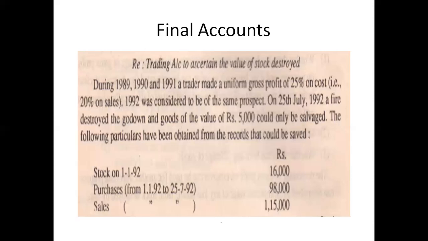Now the opening stock for this particular problem was 16,000. Purchases during the period from the opening of the financial year, 1st January 1992, to the date of the fire was 98,000. Sales during that period was 1 lakh 15,000. Now we are just calculating the assessed value of the stock destroyed.